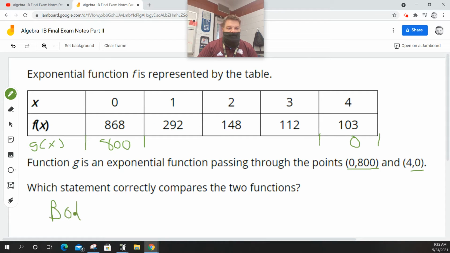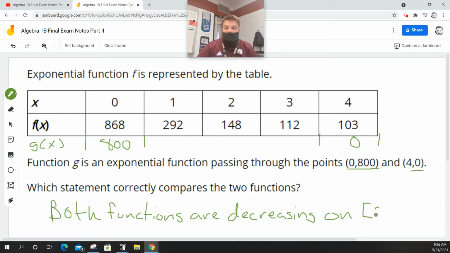Both functions are decreasing from the interval 0 to 4. We're talking about the x values from 0 to 4.